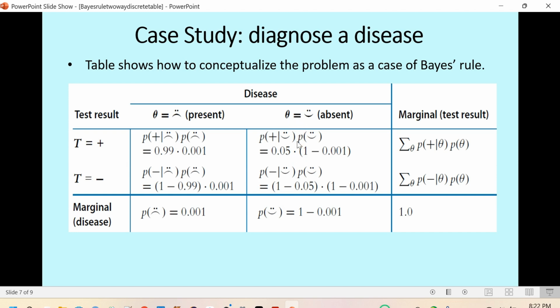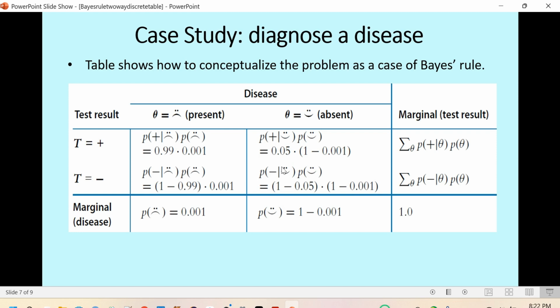So we multiply the prior probability of this person having no disease by the conditional probability of a positive test result given the person has no disease. This is the false alarm rate in the problem, 0.005, right? So we multiply them together.